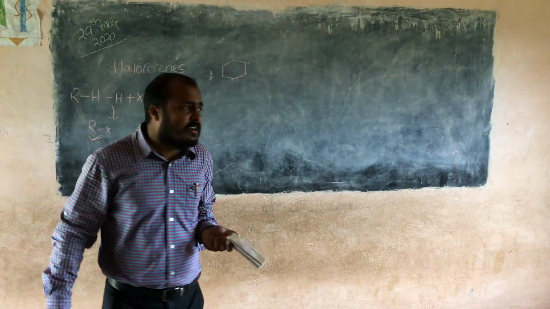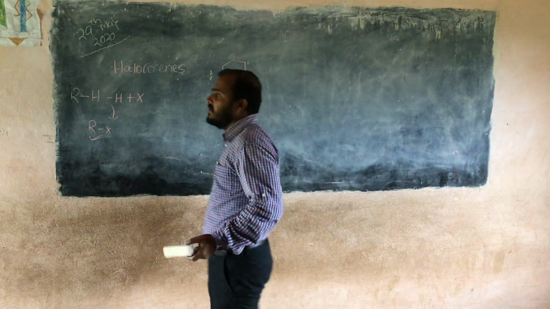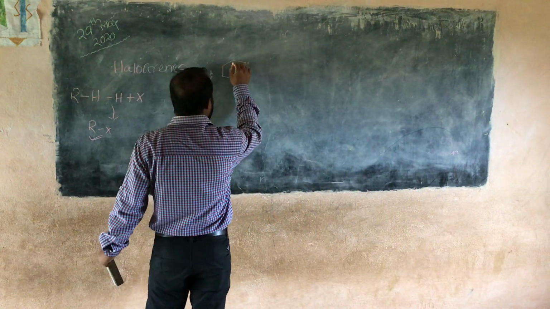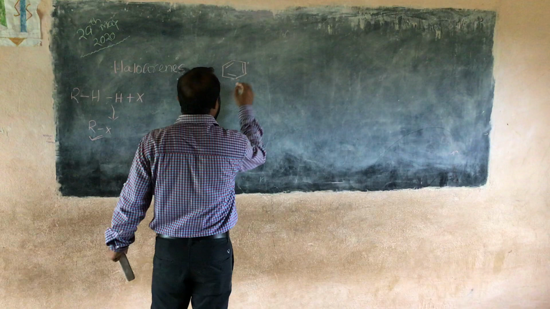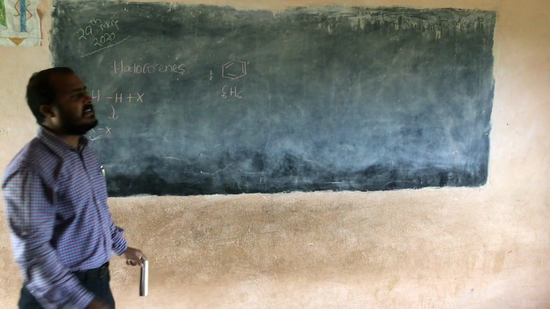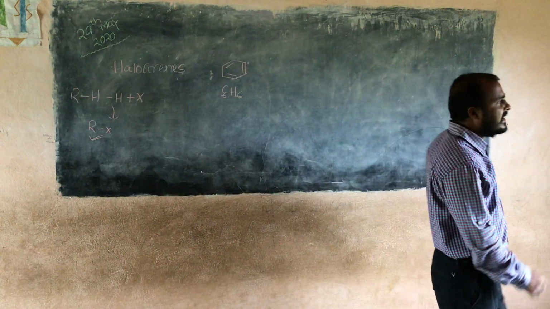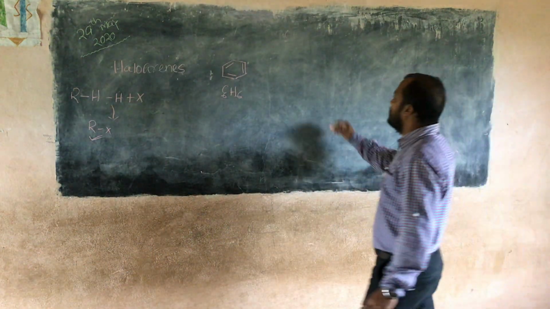By doing a vigorous number of experiments, scientists arrived at the structure of benzene. Its molecular formula is C6H6 and the structure is cyclohexatriene.